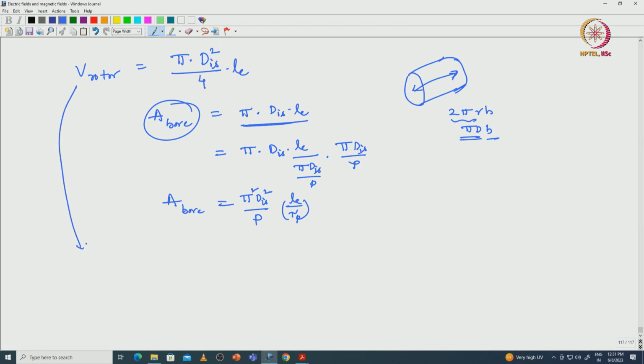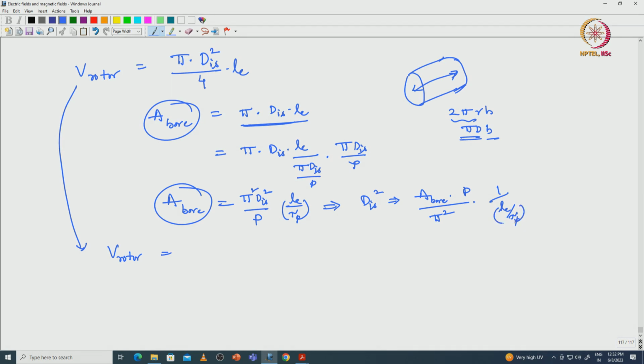Now, calculate the volume of the rotor equation in terms of the area of the bore. From this equation, dis square is equal to area of the bore into p divided by pi square into 1 by aspect ratio. Okay.